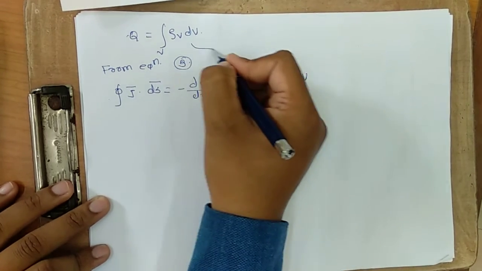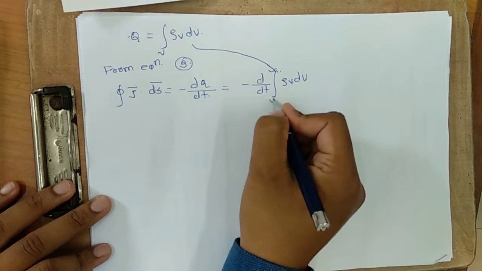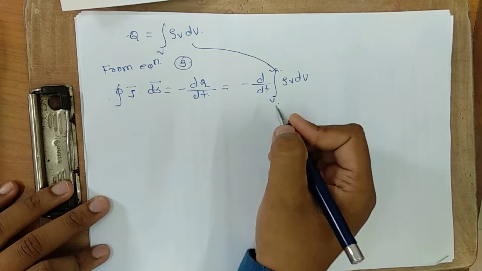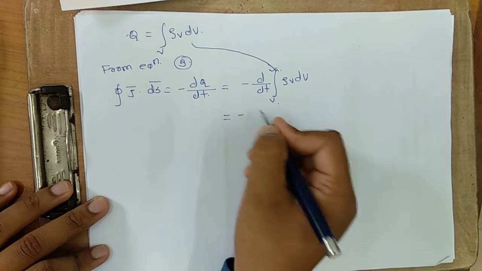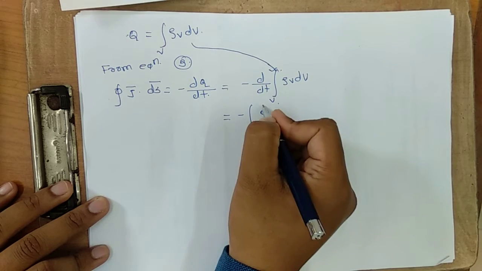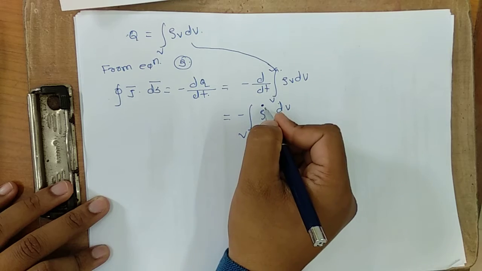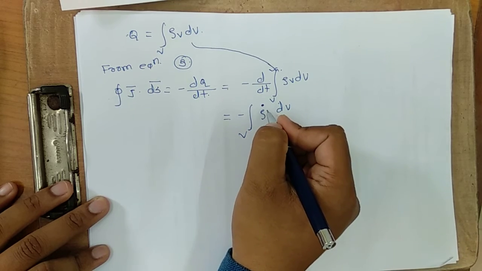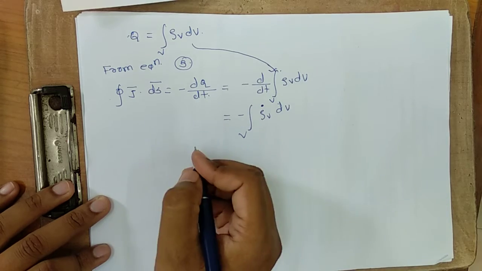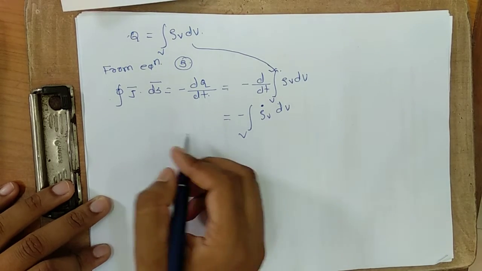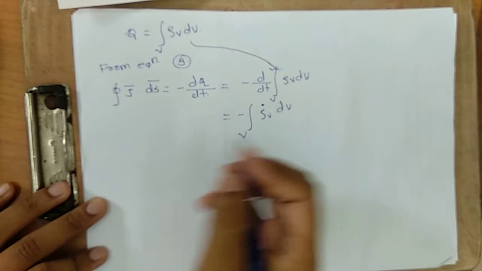I just put the q value here, the volume integral. So I will write it as minus the integral of rho v dot dv. See here, this dot is very important. Dot means derivative, the derivative of rho v with respect to t. In the book there will always be a dot, so don't get confused; it denotes a derivative.